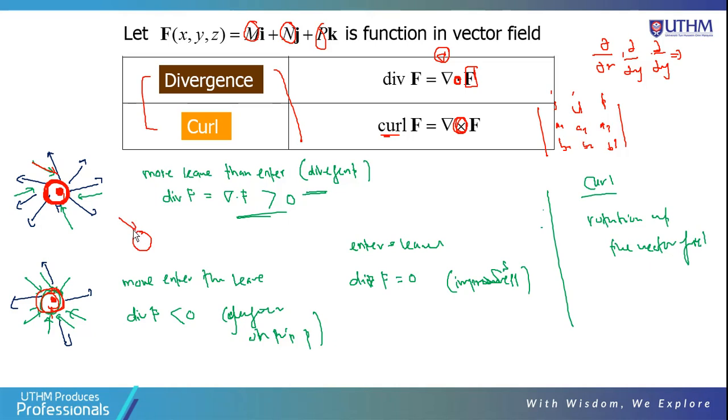So no i j k, because this one is operated with the dot, dot product. Okay, so tak ada ijk dengan tak ada ijk because delta. So delta kita belajar previously. So delta represents partial X i plus partial Y j plus partial Z k. So the dot kan dengan this one, dot dengan F, the vector field function, Mi plus Nj plus Pk.